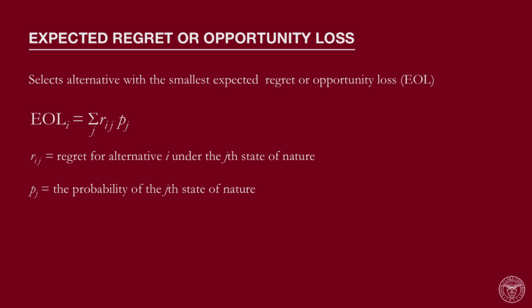We can use the same approach for the expected opportunity loss, or what we call expected regret. EOL_i denotes the expected opportunity loss of decision i and is equal to the sum of R_ij times P_j. R_ij is the regret level of decision i in state of nature j, and P_j is the probability of state of nature j.